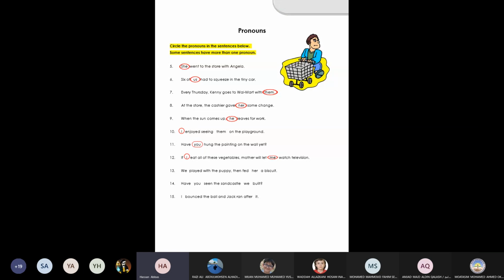No, we and her. Okay. We is subject or object? We is subject. Okay, and her? Object. Do you know what is the subject pronoun of the object her?